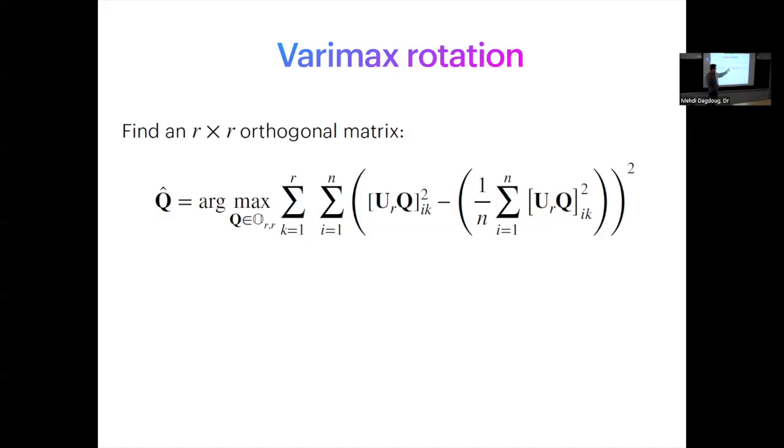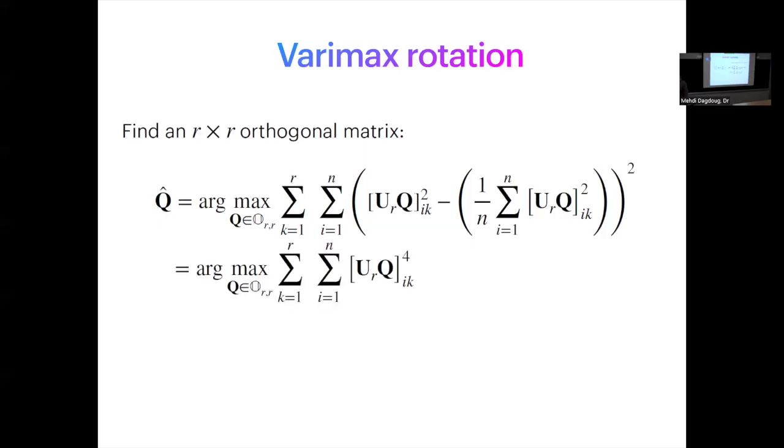We are trying to find the rotation Q such that after this rotation, the squared entries of the resulting matrix have very large variance. That's essentially what it does.